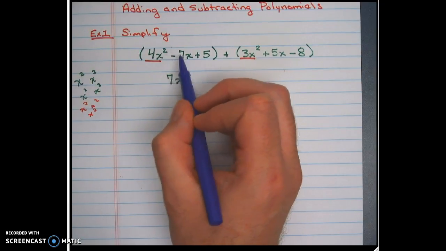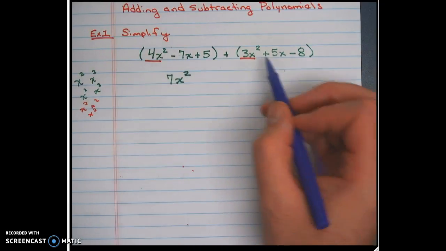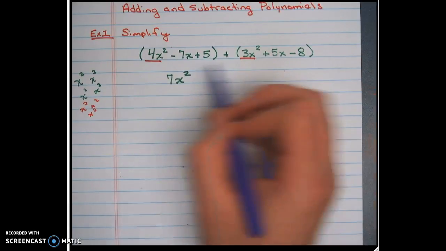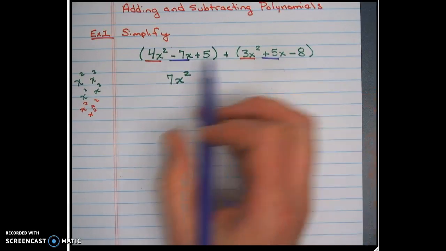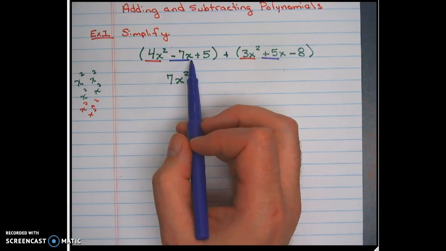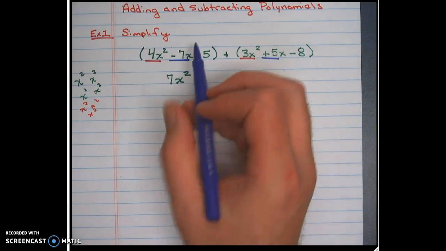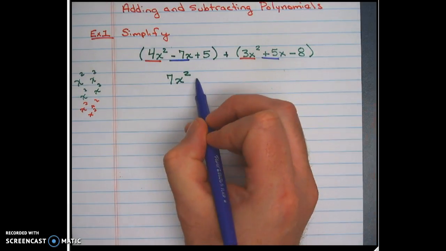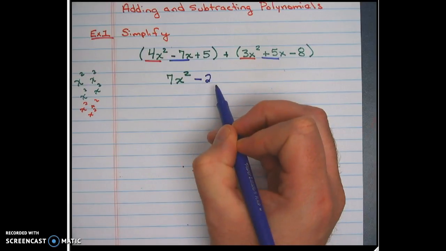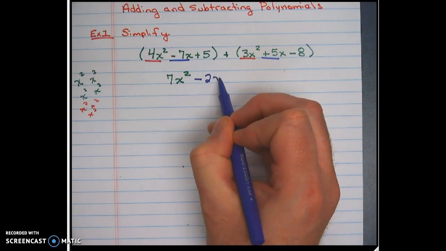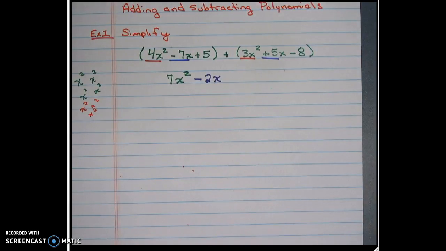So I'm already in the hole 7x's. But then I'm going to add to it 5x's. So if I'm at negative 7 of these x's, and then I add 5 to it, I'm still in the negative, but I'm only in the negative by 2. So negative 7 plus 5 is negative 2. What do I have negative 2 of? I have negative 2 of the x's. And so that would be the next part of this.